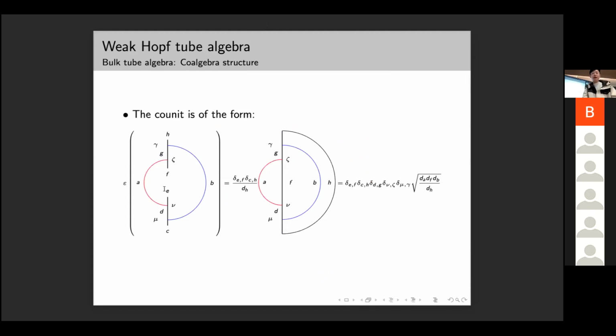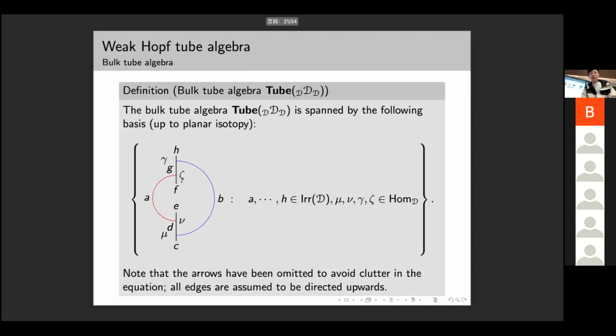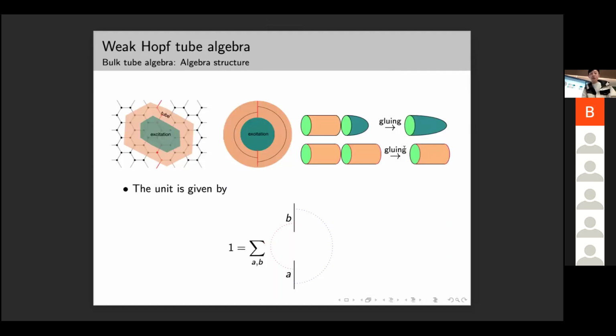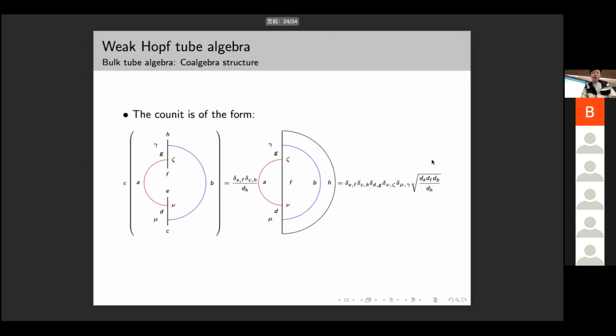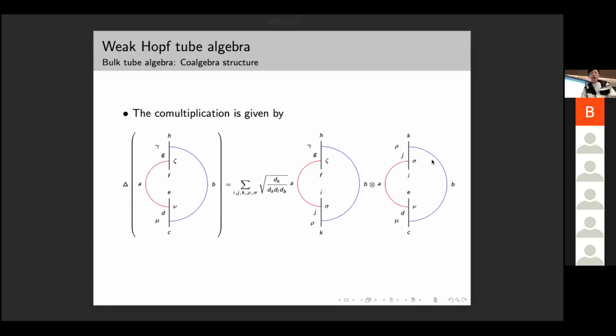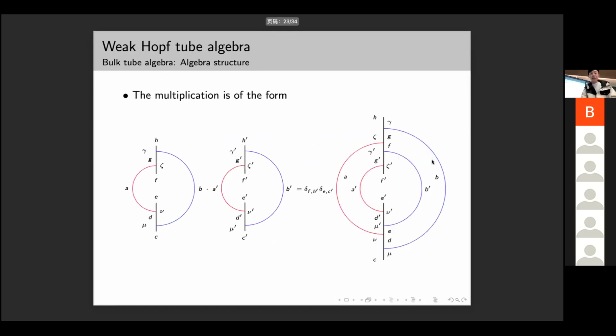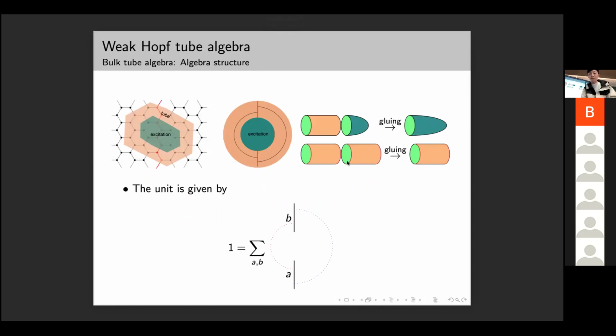And the co-unit is defined in the following way. Intuitively, for this tube, we close both sides of this tube, the left hand side and the right hand side. We close them, and they will have a co-unit structure. This is just the co-unit. For the co-multiplication, it is a little bit complicated. We also have an intuitive understanding.